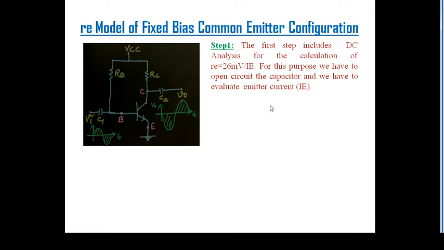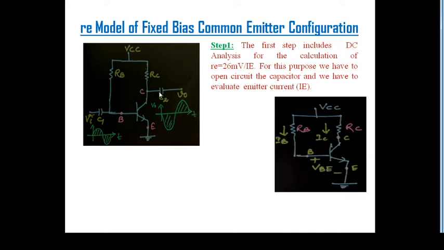For the DC analysis, we just open circuit the capacitors, because for DC the capacitor becomes open circuited. This is the simple DC analysis of a fixed bias circuit, and there is no capacitor because we have open circuited, removing the capacitors C1 and C2.